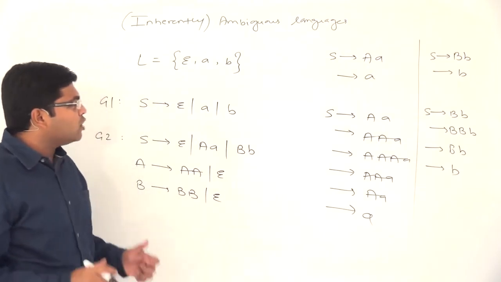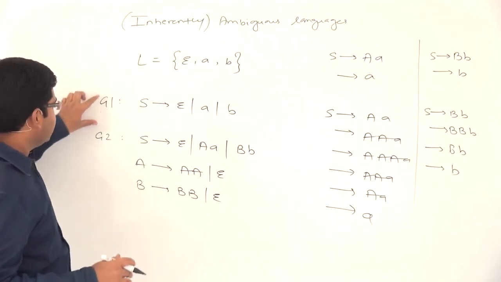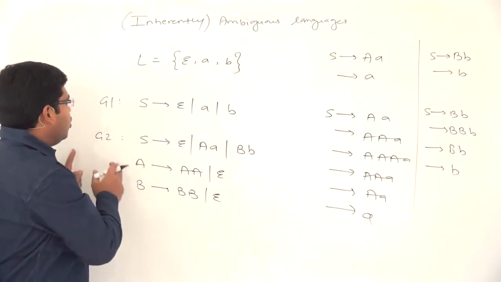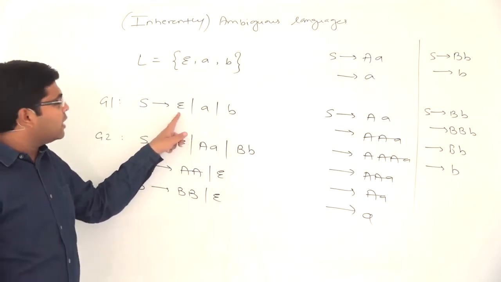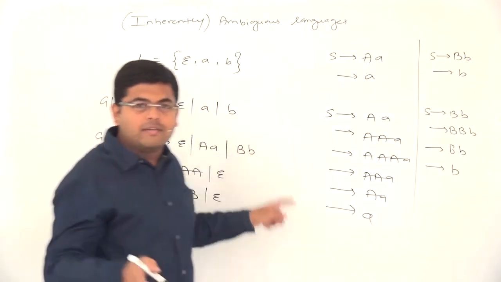So what I would like to say here is that the same language can be represented by different grammars. The example is G1 and G2. Now when you talk about G1, all the strings, only 3 strings are possible, either epsilon or a or b, will have unique derivations.